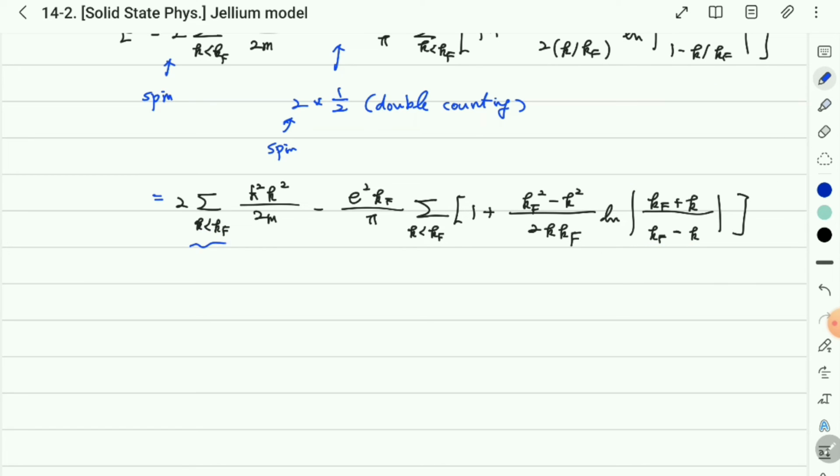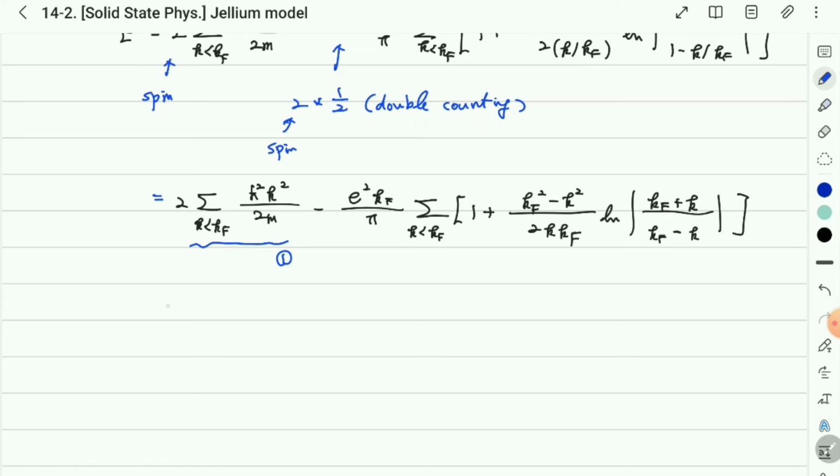Let's calculate the first term. Because electrons are very tiny, an extended electronic state can be considered not as a discrete particle but as a continuous wave.